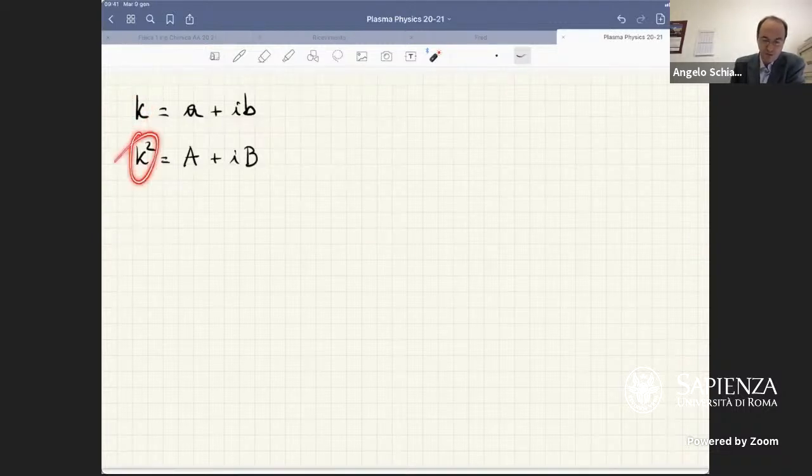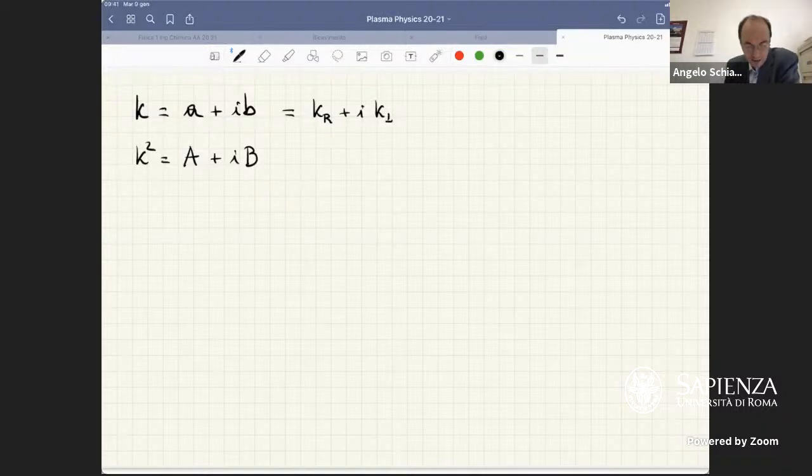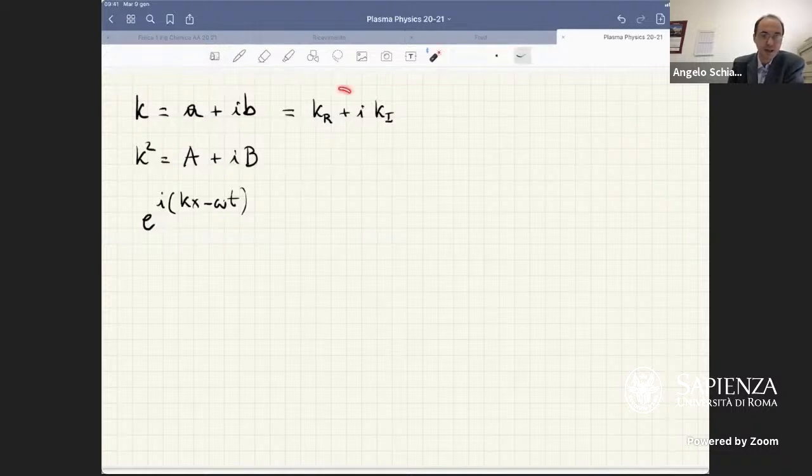So suppose you have k written as A plus iB, then we can say that we have k as a real part, k_R, plus i k_I, the imaginary part. And let's remember that our waves are described by an exponential of i(kx minus omega t). And let's plug this in, knowing now that k is not a pure real number, but can be a complex number, and actually is a complex number when we are inside the plasma.